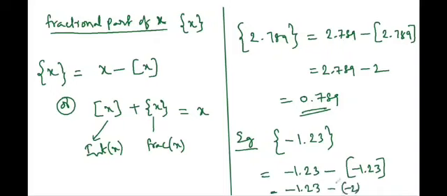So its answer is 2 minus 1.23. Fractional part of minus 1.23 is equal to 2 minus 1.23. So it is nothing but 0.77. This is the fractional part of x.